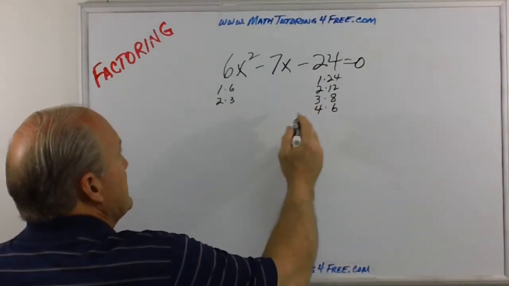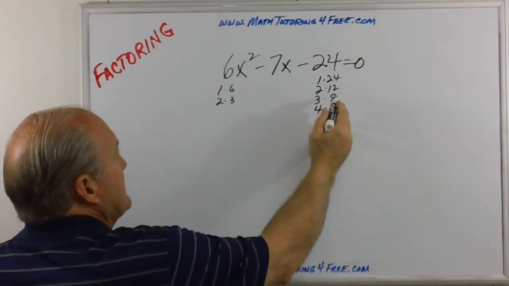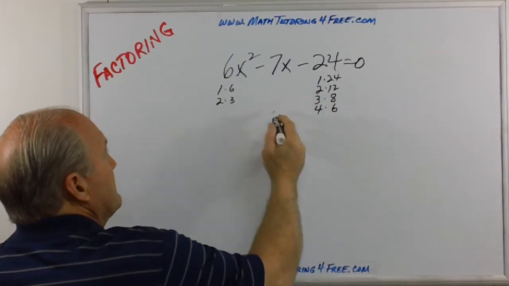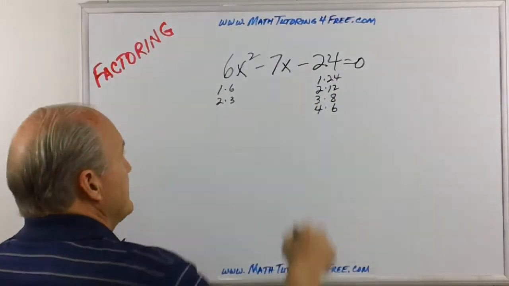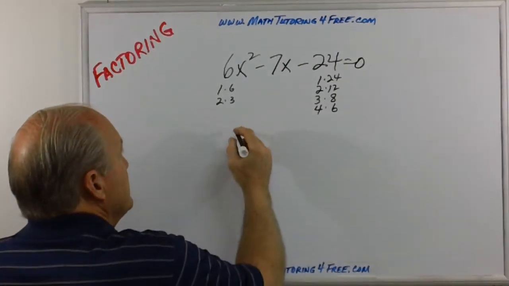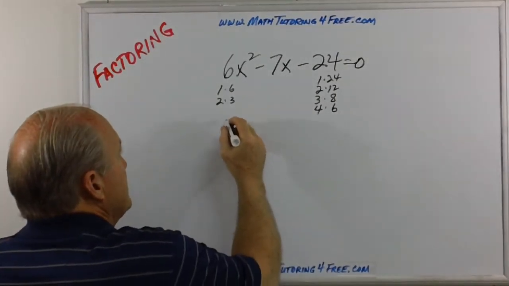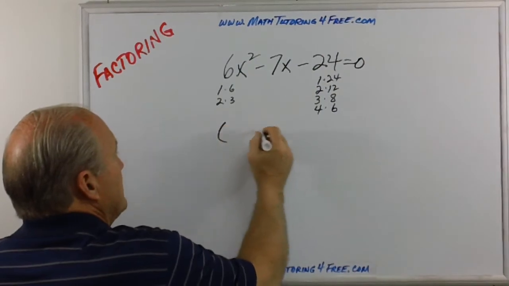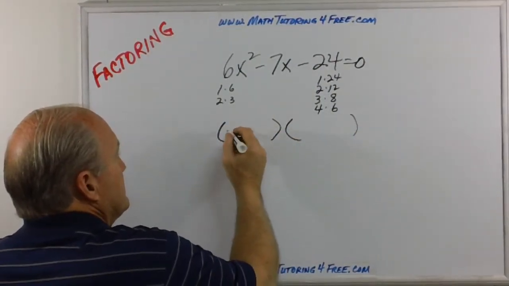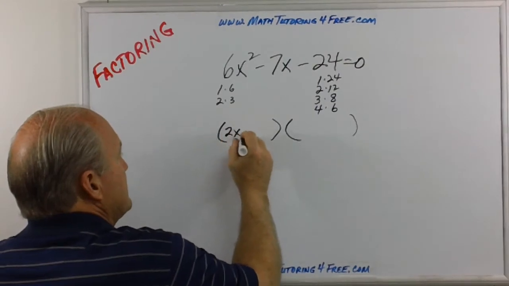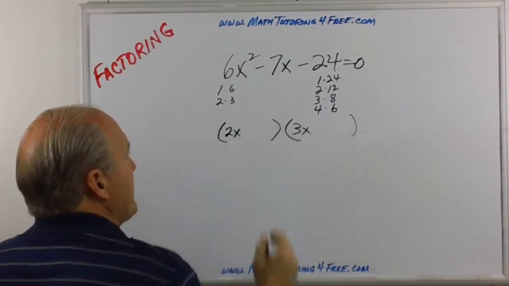2 times 12, that's a possibility. That's 24, 6, that's still pretty big. I would start with the next one down. Let's try 3 times 8. So we'll start with the 6 and let's start with 2x and 3x.